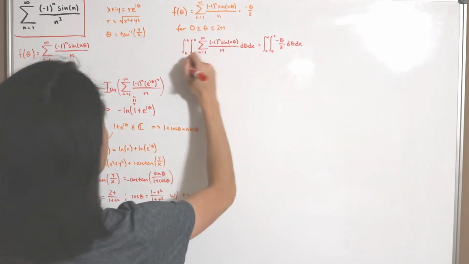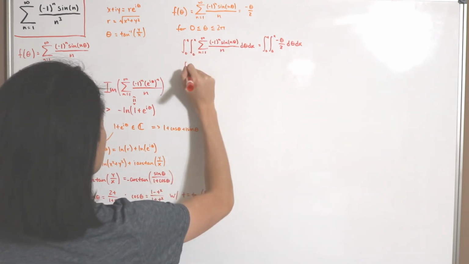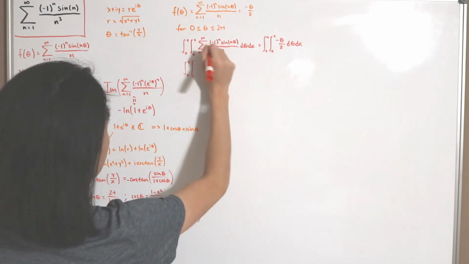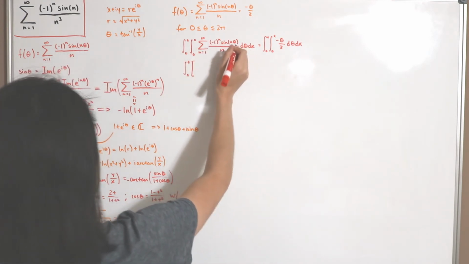So for the first double integral, we integrate our series with respect to theta.